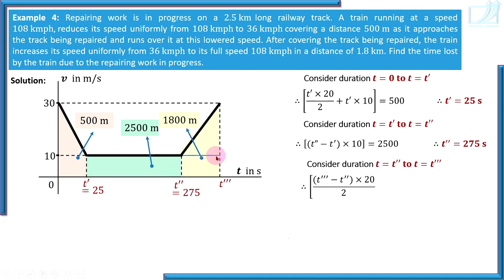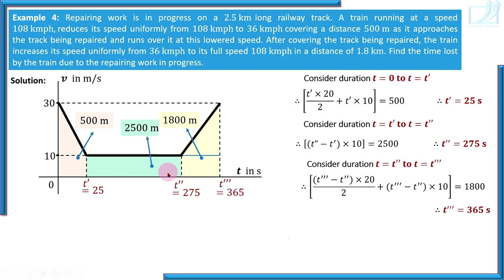So the base of the triangular portion is T triple dash minus T double dash, into height 20 divided by 2, plus this rectangular portion, T triple dash minus T double dash, that is this length, and height is 10. It is a rectangle, so base into height, and that area is the distance travelled by the train during accelerated motion, and it is 1800. So T triple dash is equal to 365 seconds.